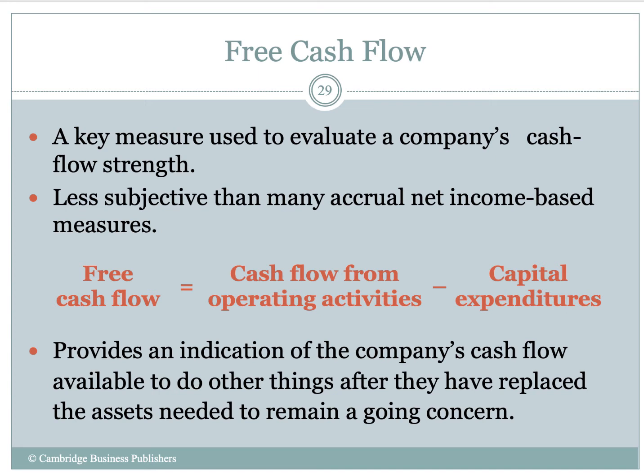Did we buy any PP&E? That's really what we're looking at, those capital expenditures. So this free cash flow gives us an indication of the company's cash flow that they have available to do other things after they replace the assets, right?